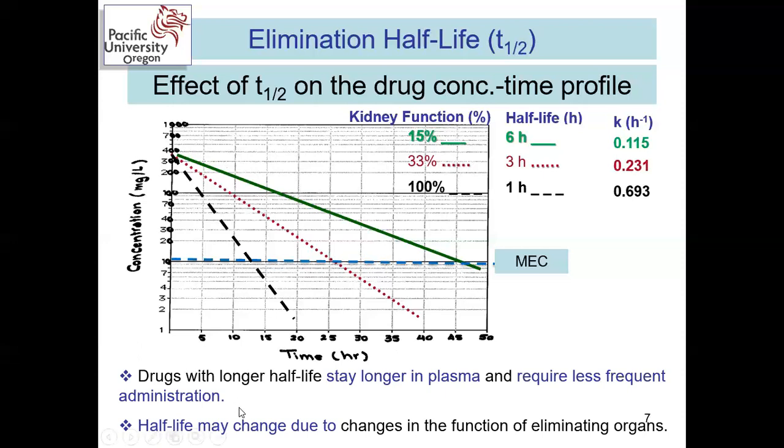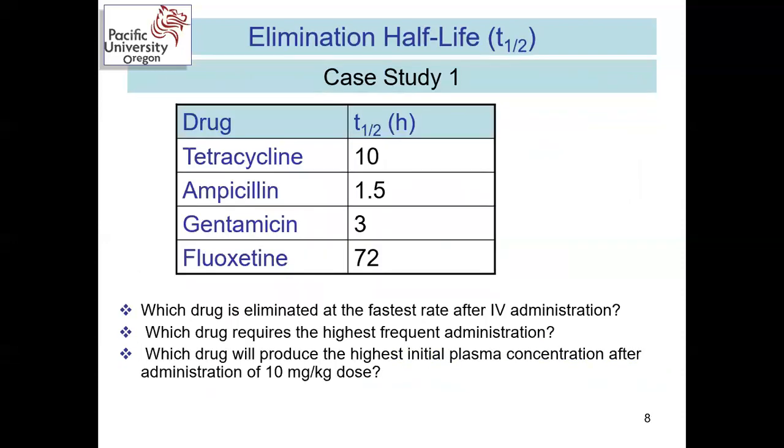According to this, as a clinical pharmacist, you must adjust the dosing regimen. Someone may decrease the dose, or the most common approach we do is we give the same dose, but every longer dosing interval to avoid drug accumulation and toxicity.